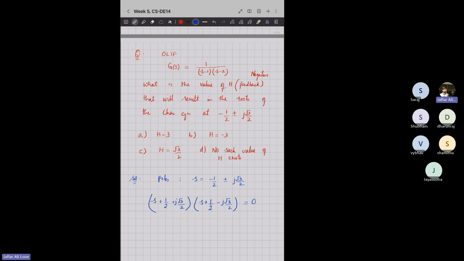Suraj has written 2s minus 1. But tell me the option. You will get the characteristic equation from the closed loop system. You will get the characteristic equation from the poles. Then you compare. Is there any value of H that is given or not?